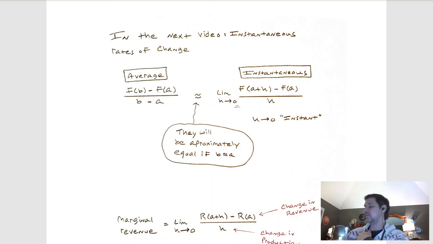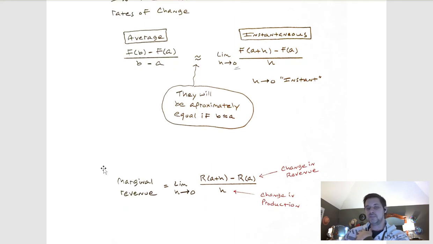Now that's just a rough way of thinking about it, but it's still accurate. Now, as far as them being different, yeah, okay, they are different. This one has a limit and that one doesn't, so yes, they are different in that way, but the average and instantaneous rate of change will be approximately equal if this number B is really close to that number A. Okay? All right.